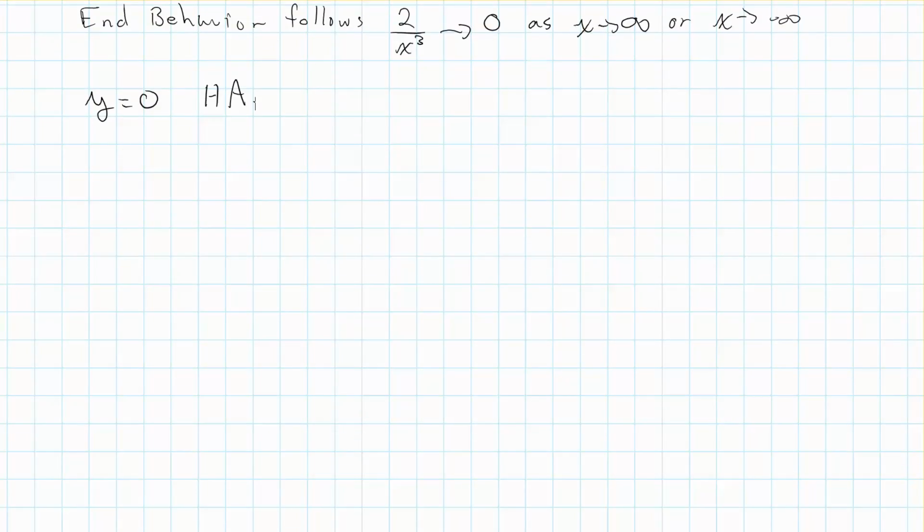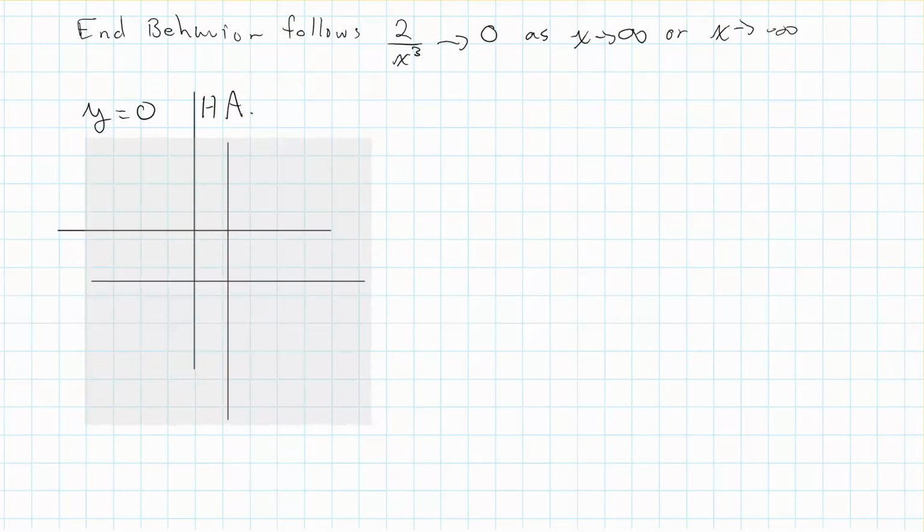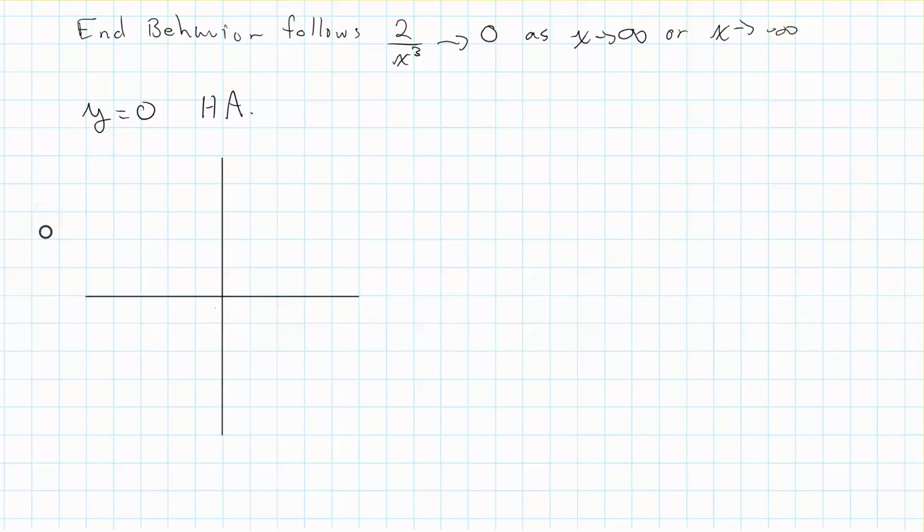So at this point, we can sketch the graph that we have, which is essentially nothing, but we'll go ahead and at least put in the horizontal and vertical asymptotes. Alright, so we have a vertical asymptote of x equals 0.